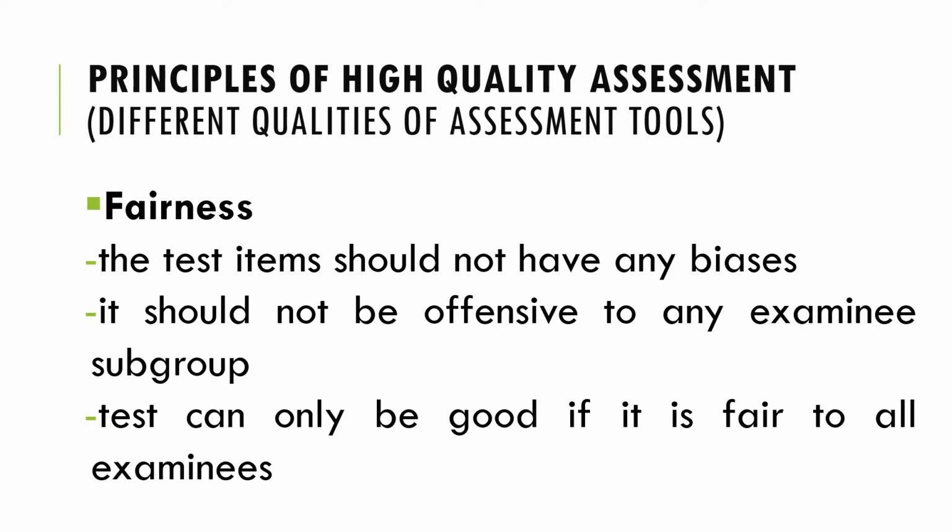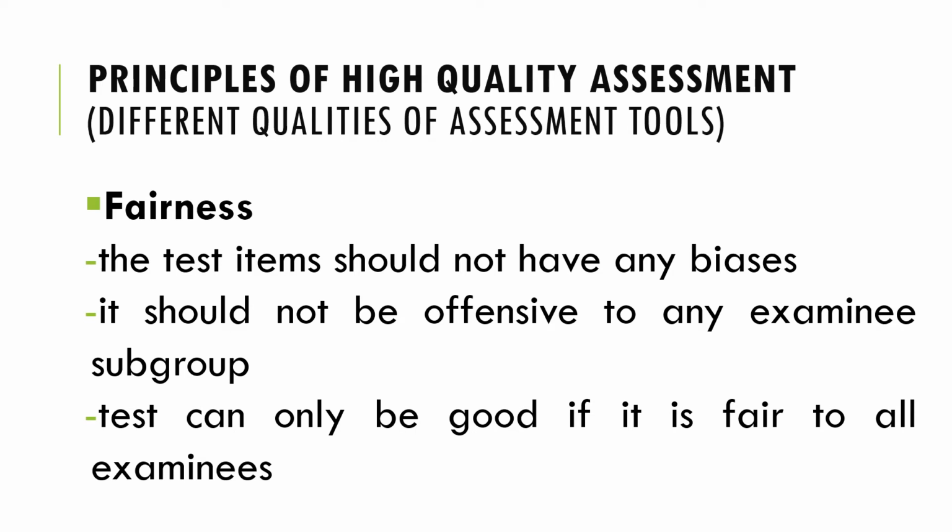Like for example, when we construct our exam, in a test paper we have many different types of test items. We have multiple choice, then part 2 would be enumeration, part 3 is matching type, part 4 is true or false, and part 5 is essay.